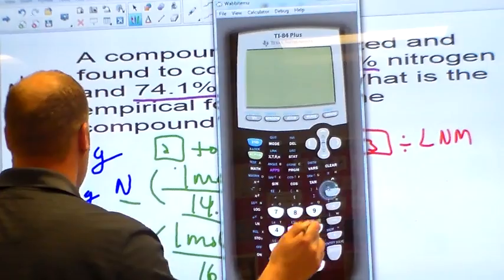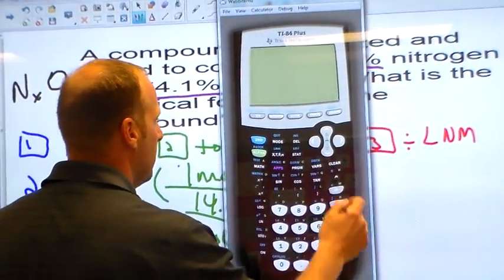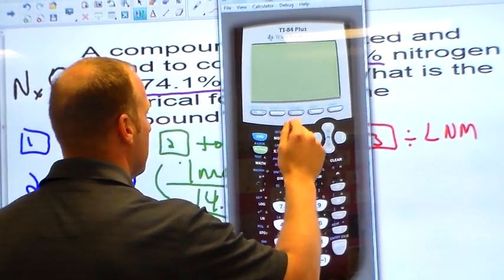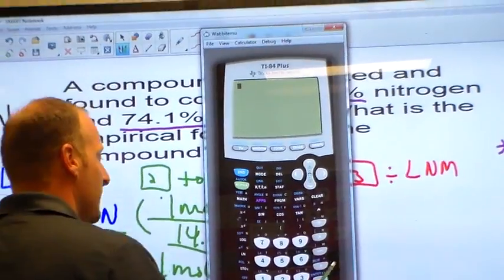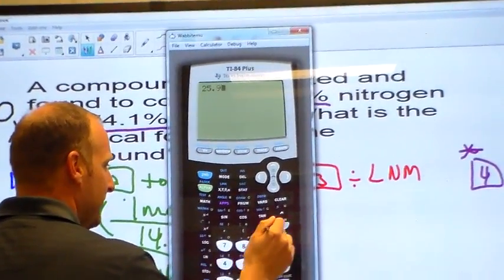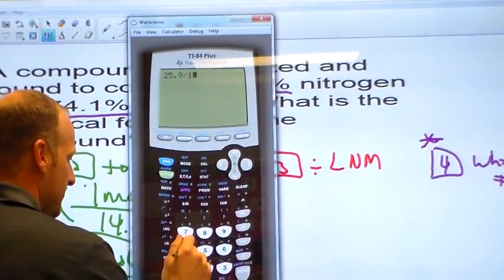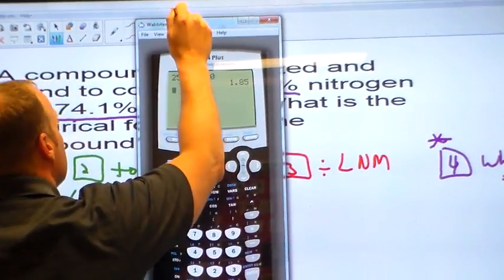So I'm going to take 25.9 and divide it by 14. That gives me, well, you have to turn the calculator on first. 25.9 divided by 14.0, and that would be 1.85.